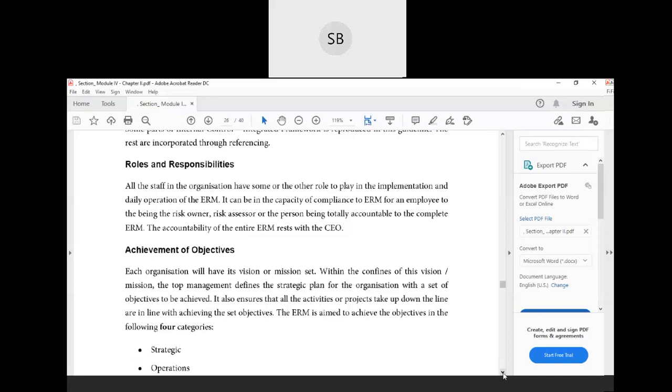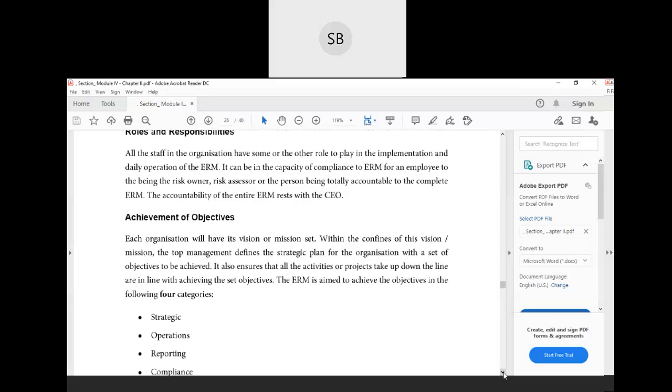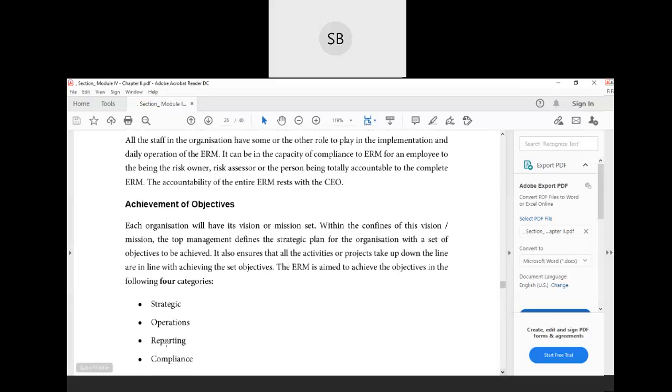The ERM is aimed at achieving the objectives with the help of four categories: strategic, operation, reporting, and compliance, so that the organization is able to achieve its objectives using the ERM.